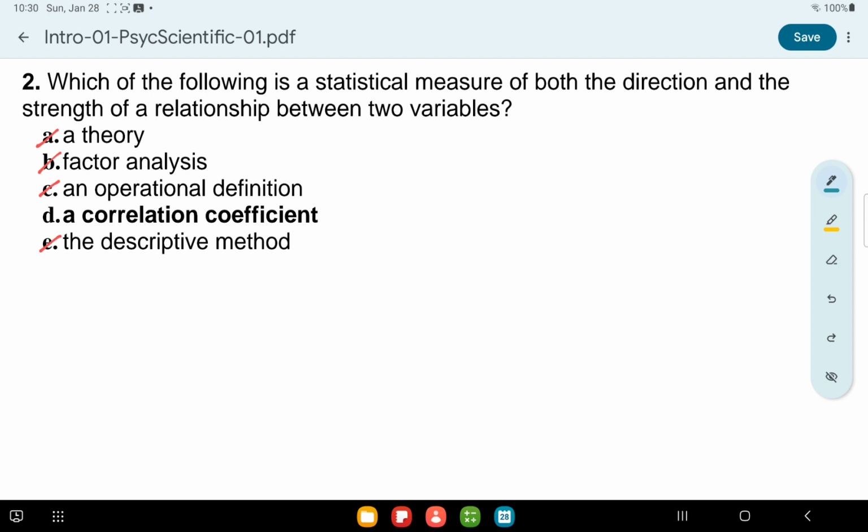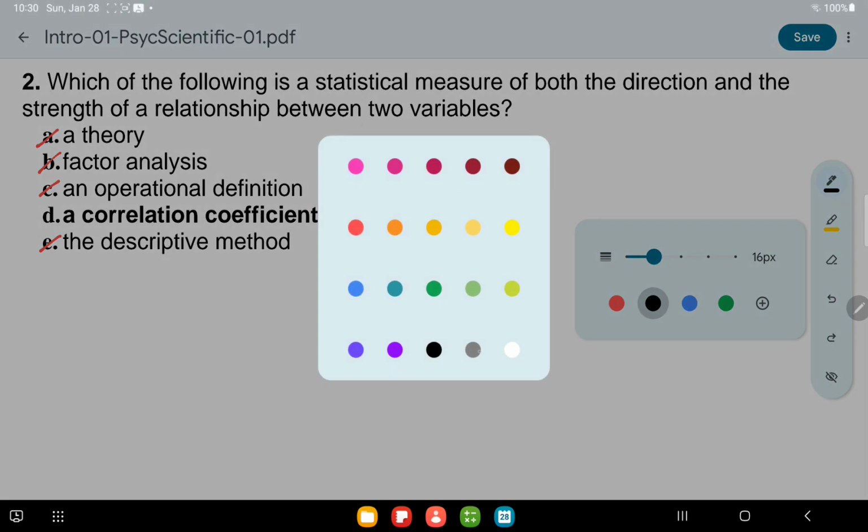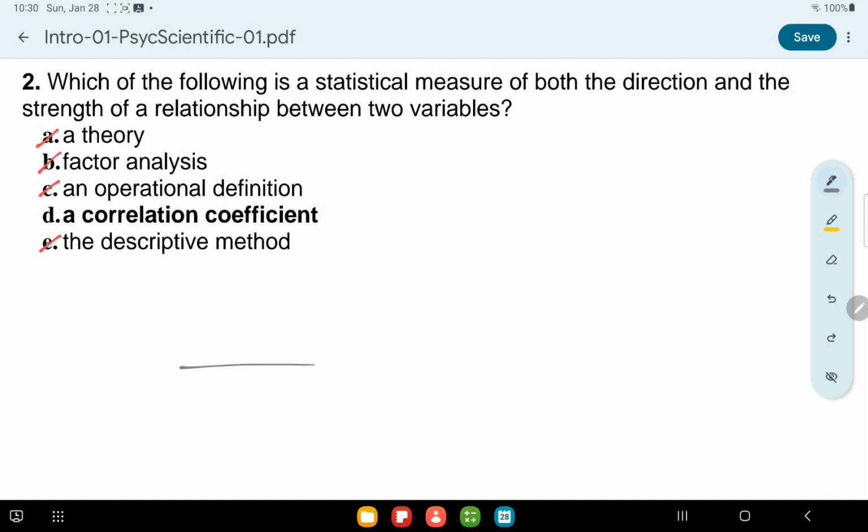Correlation. Now, to understand the strength of a relationship between two variables, the best way to do so is to imagine a certain number line. If you're taking notes, I strongly encourage you to draw this line. Correlation coefficient is a number.